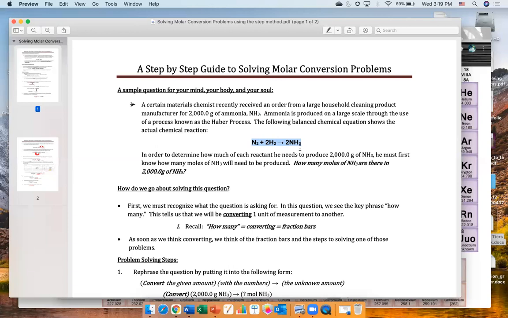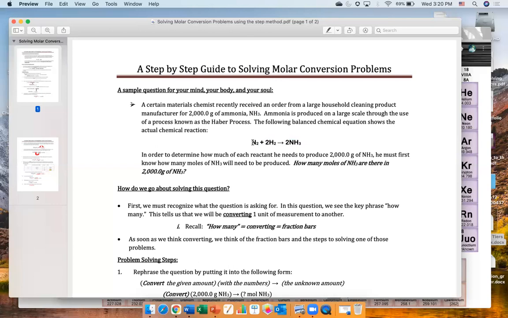Whereas a chef might have a bullet pointed list of ingredients and then instructions that say, first add 2 pinches of salt to a hot pan or something like that, a chemist, on the other hand, is reading their recipe like this. When they read their recipe, this is what they see: 1 mole of nitrogen.